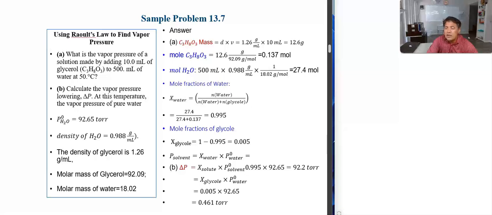Now convert that into mole. You know that to use Raoult's law we need the mole. That's why we convert that into the mole by dividing by the molar mass, and that is 0.137 mole.